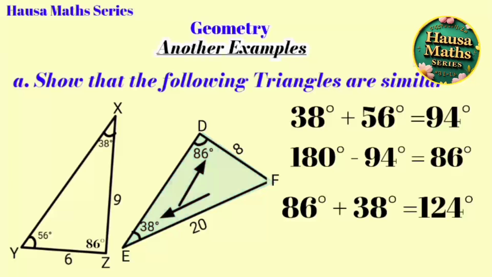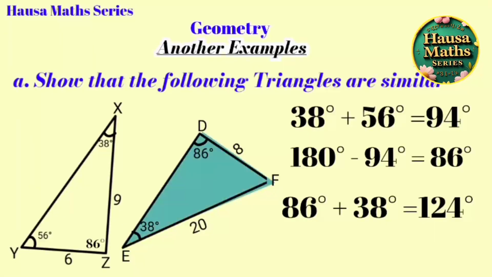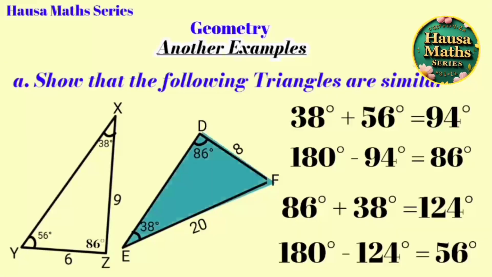So out of 180, if you subtract 124, you get the value of the other angle. 180 degrees minus 124 degrees, the remainder is 56 degrees. Therefore angle DFE is exactly 56 degrees.